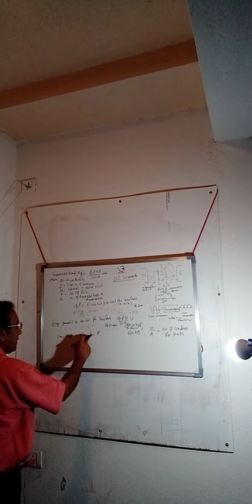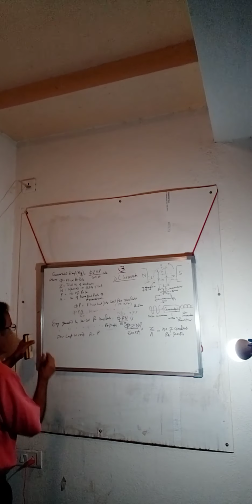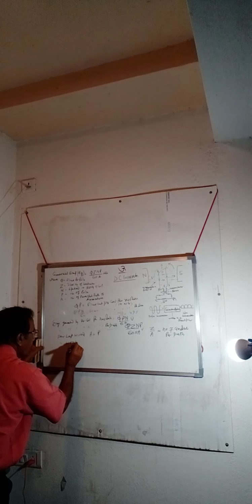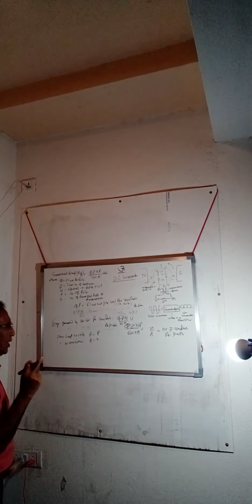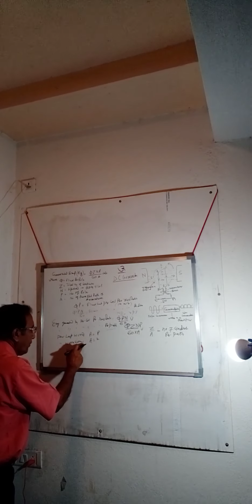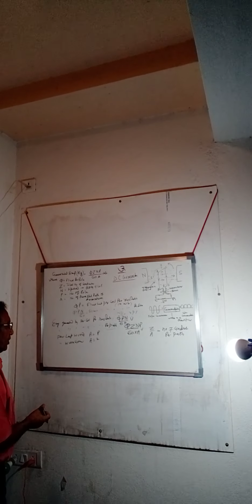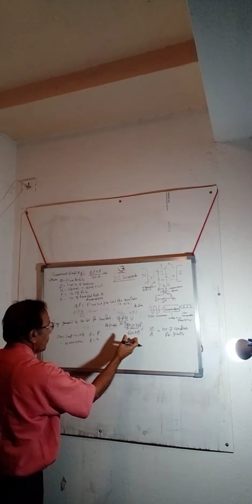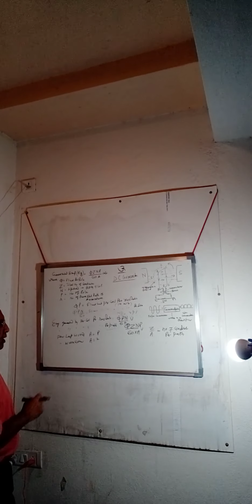But for wave winding, A is equal to 2. There are only 2 parallel paths on the armature for wave winding of the armature coil. So these two conditions change the formula as per the winding of the armature.